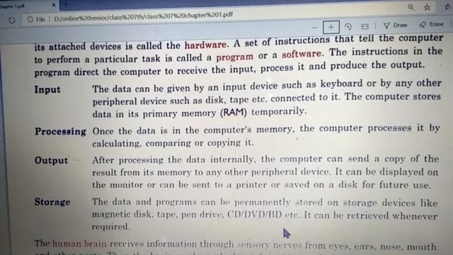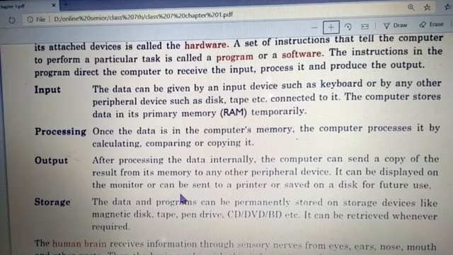Now processing: whatever data a user gives goes to the CPU, the central processing unit. And what happens there? All kinds of processing, like calculating, comparison, or copying, whatever operations there are, are done through the CPU.